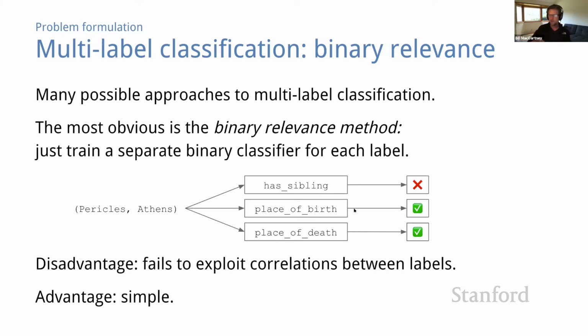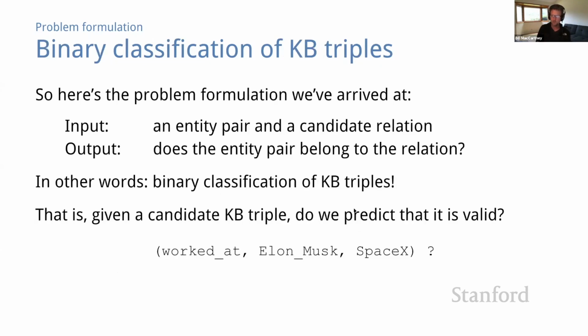This approach of factoring them into independent binary classification problems is not able to take advantage of that information. But it has the great virtue of simplicity. It's incredibly straightforward, incredibly easy to think about and to implement, and it'll suffice for our purposes. It's going to make the investigation move forward very smoothly.